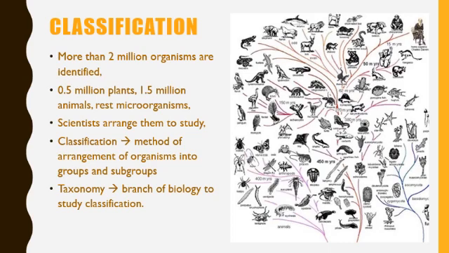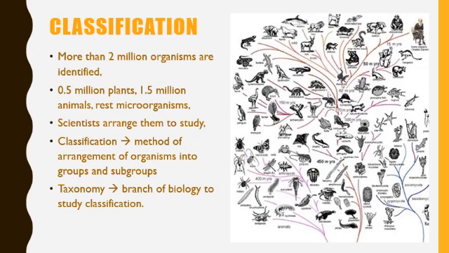To study such a large number of creatures, along with the variety of characters, biologists started to arrange them in larger and smaller groups. Some organisms were placed in the same group due to sharing of similar characters, and some were placed in a different group due to the presence of different characters in their body.